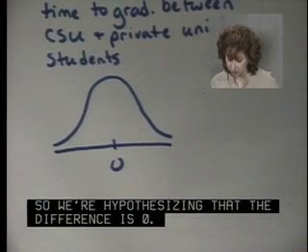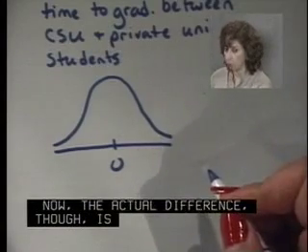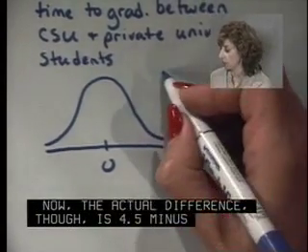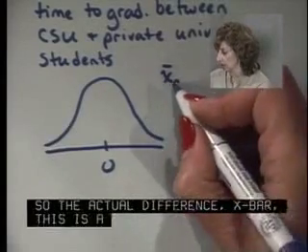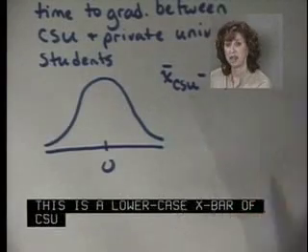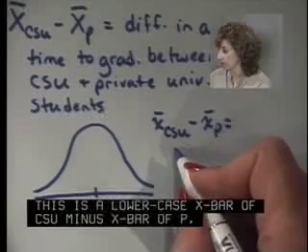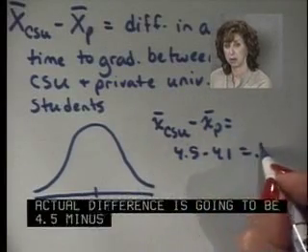Now the actual difference, though, is 4.5 minus 4.1. So the actual difference, x bar of CSU minus x bar of P, is going to be 4.5 minus 4.1, which is equal to 0.4.